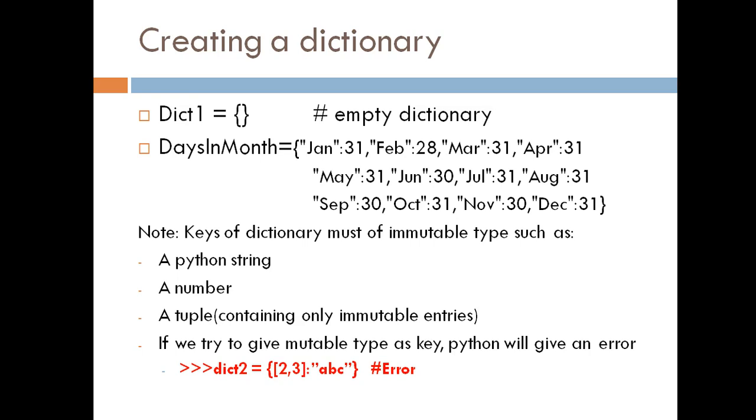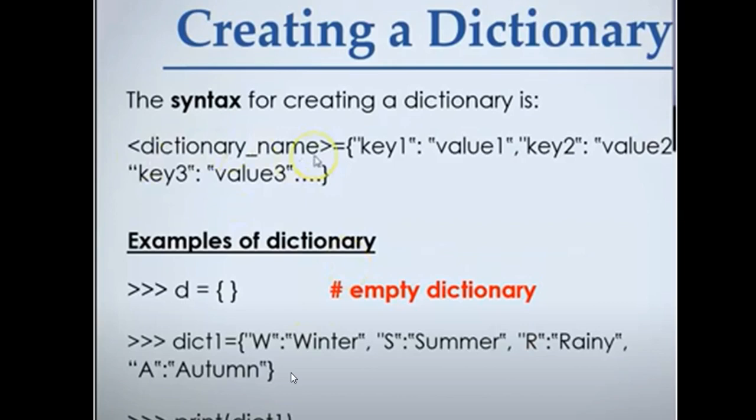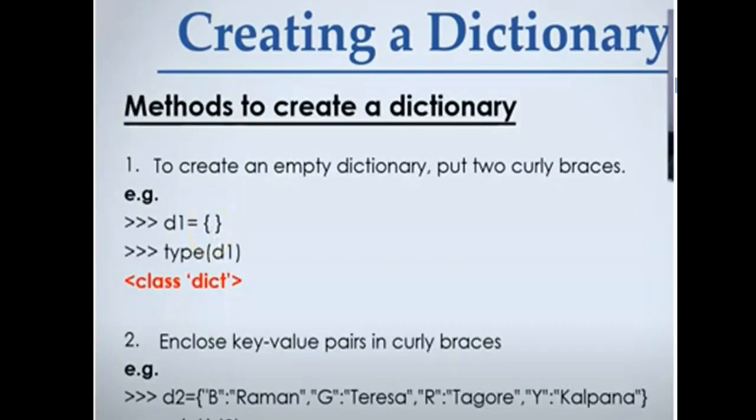One may be a character, another may be a numerical value. Those are all examples I have shown you. Here you can see this is an error. We tried to give a mutable type as a key. As we discussed in your previous class, the key cannot be a mutable one. Key must be immutable.